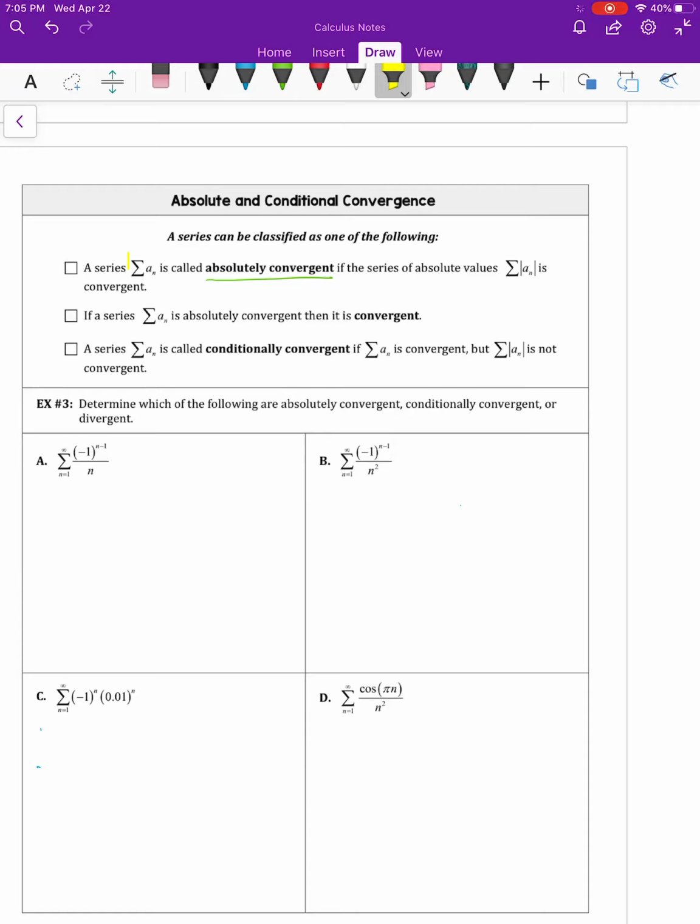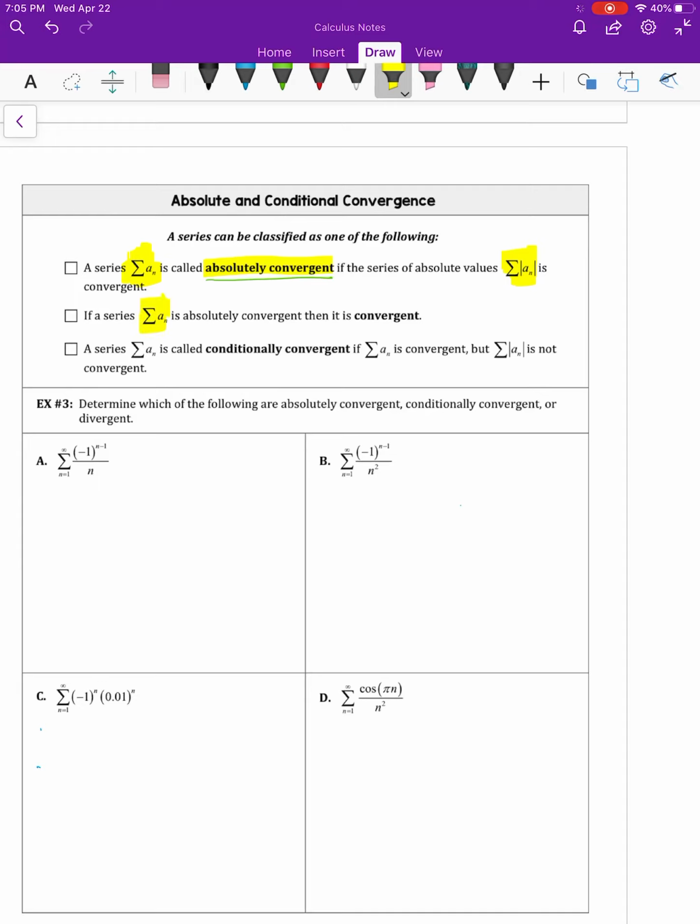Okay, so now absolute and conditional convergence. A series can be classified as one of the following. A series, summation A sub n, is called absolutely convergent if the series of absolute values, summation absolute value of A sub n, is convergent.